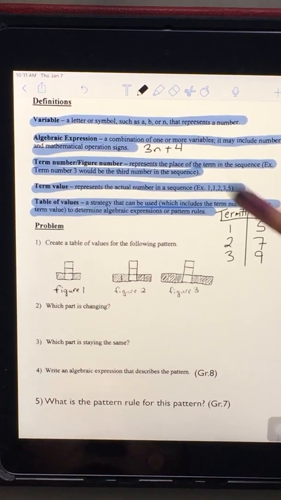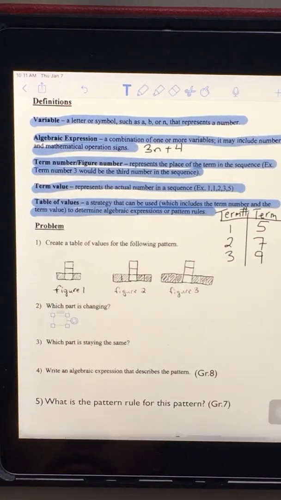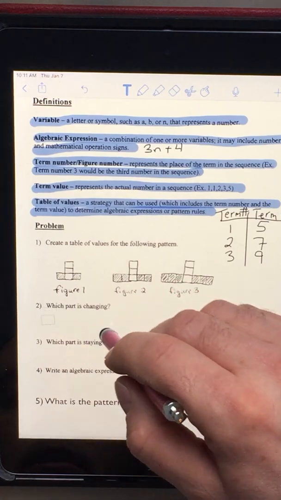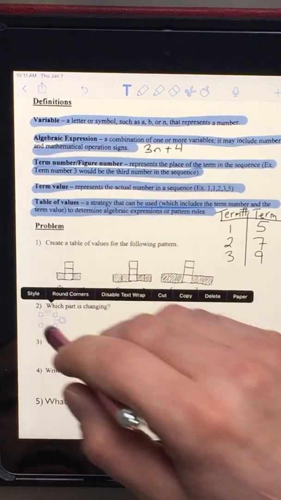So the next part says what part is changing. We want to be as descriptive as possible on this. And I'm going to put in a text box.